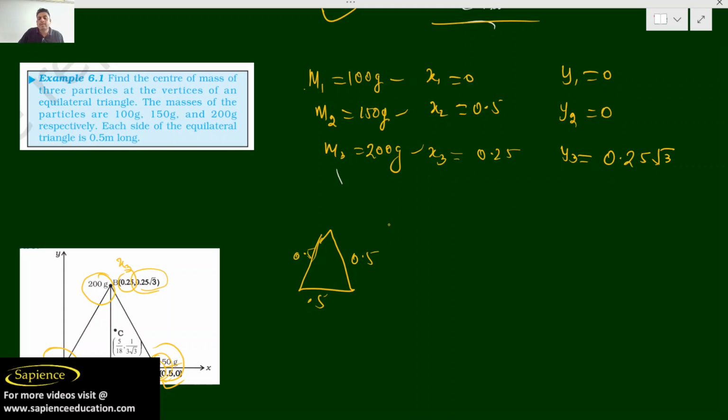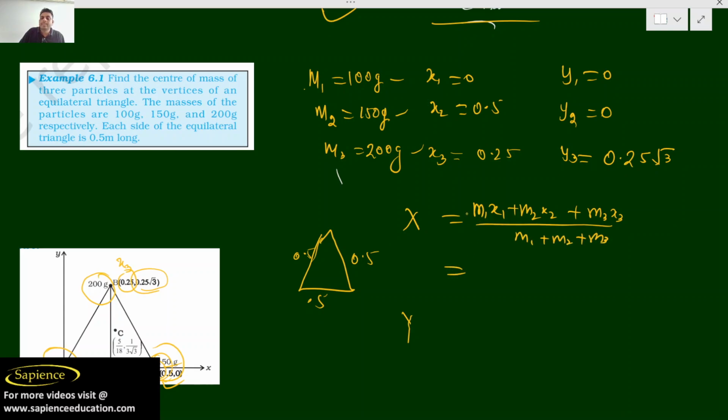Now, how will you find the center of mass? You want x and you want y, because we are using a two-coordinate system. Very simple formula: m1 x1 plus m2 x2 plus m3 x3 divided by m1 plus m2 plus m3.